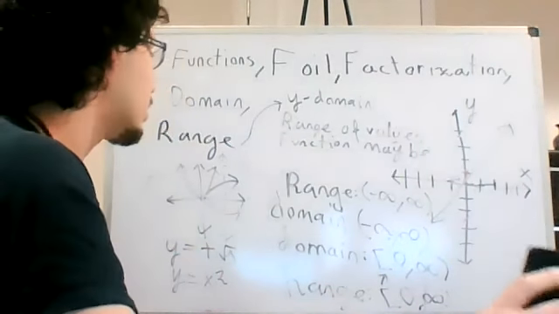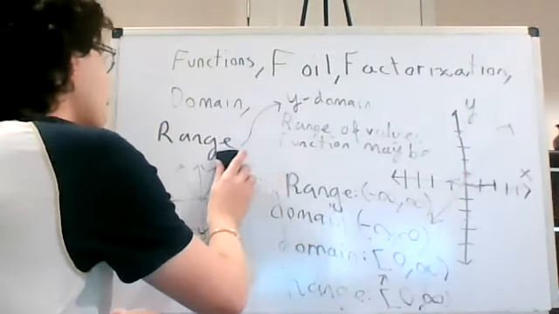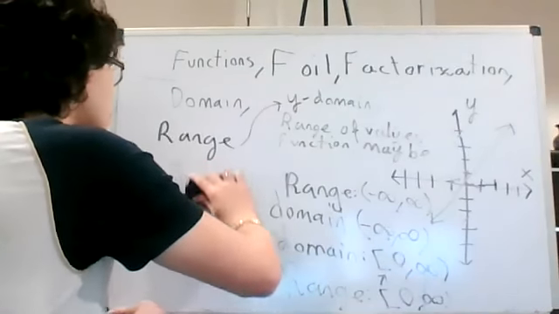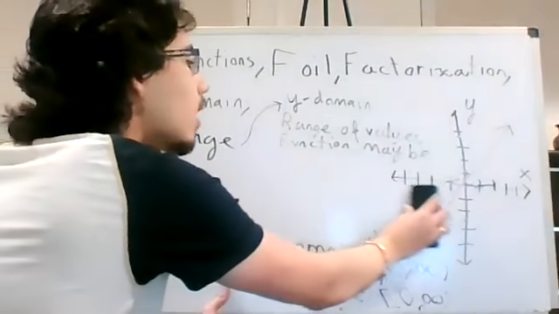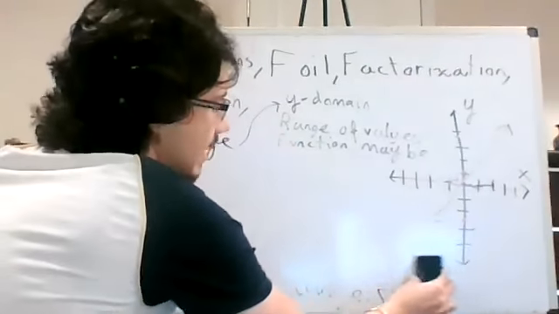So that's a very simple version of domain and range. And domain and range have to be the easiest ones of all the information that we need for a function.